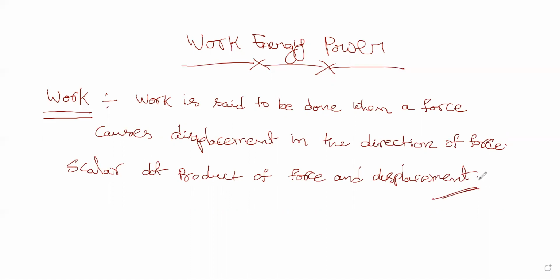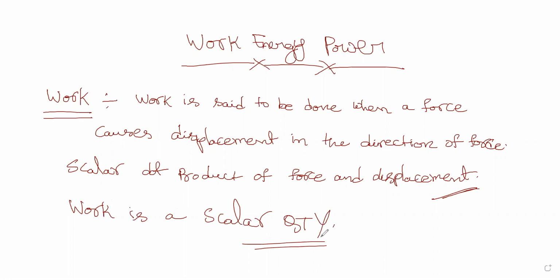Work is said to be done when you apply some force and it causes certain displacement. You have to apply the force and there has to be some displacement. Then you can say work is done. Work is a scalar quantity. Clear? These are the initial definitions of work.